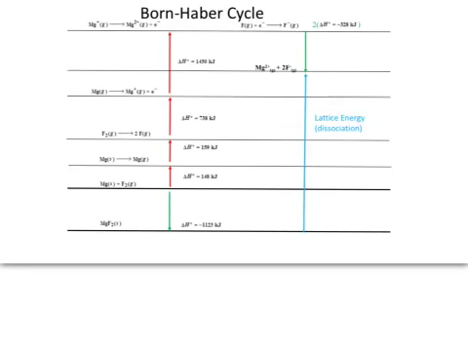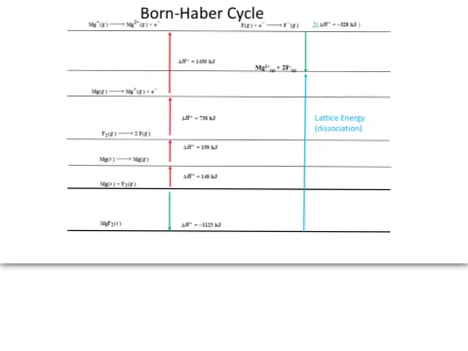If you were going the opposite direction and you were looking for the formation, then you would be going from the gases down to the solid, and so you can see that the arrow would have the same magnitude, so it would have the same value, but it would have the opposite sign. Our value is going to be positive because our arrow is pointing up. If we were trying to find the formation instead of the dissociation, our arrow would be pointing down, so it would have a negative value.